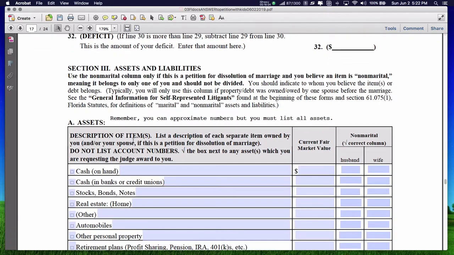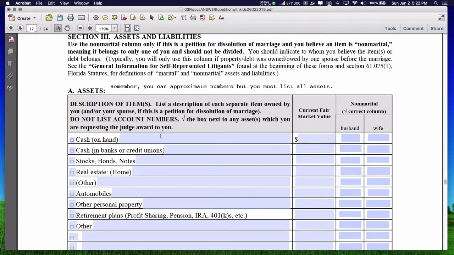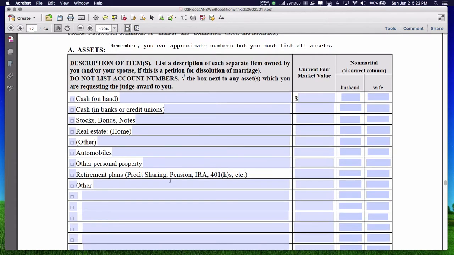Now, as it pertains to assets and liabilities, it doesn't matter so much how much something is worth as it is to list it. I'll give you an example. Let's say you've got a pension. We'll call it a Halliburton, I don't know, making it up, pension. And the value is unknown. Okay? You've listed it.